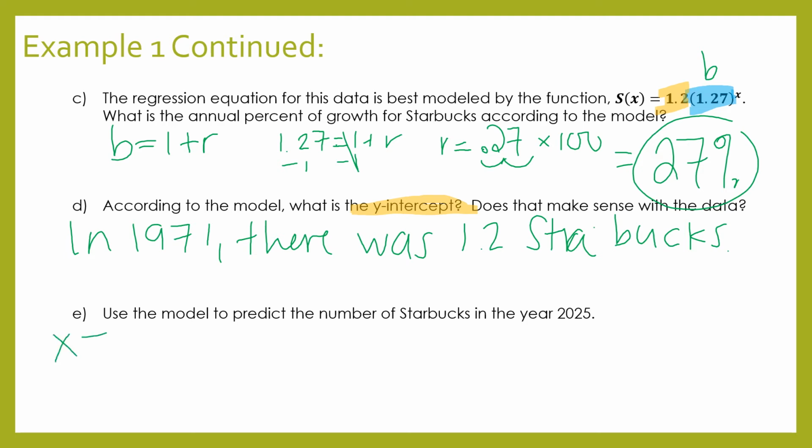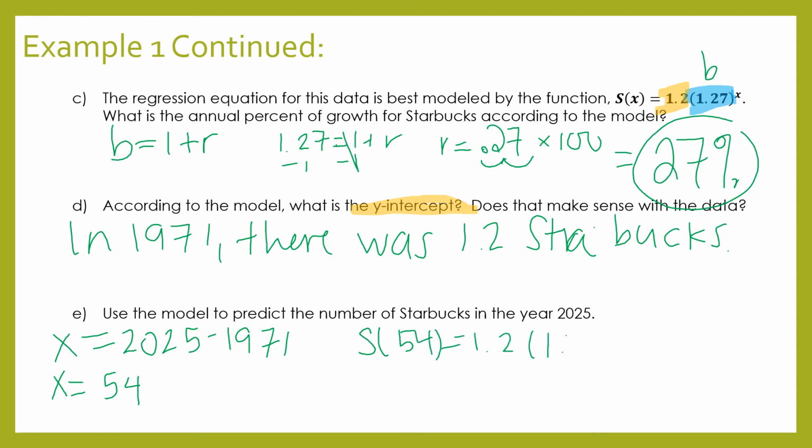So to find x, we're going to do 2025 minus 1971. And if we do that, that should be 54. So we are going to substitute 54 in for x into our model.